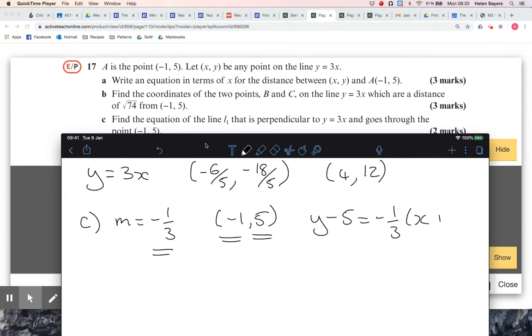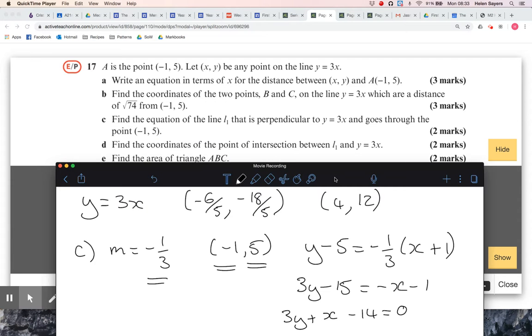So that's x minus -1. It doesn't ask for it in a particular form, so I think the easiest thing to do is to multiply up by the 3. So make the left-hand side 3y minus 15, multiply through by the minus 1, and then make the whole thing equal to 0. But any equivalent version of that would be fine.